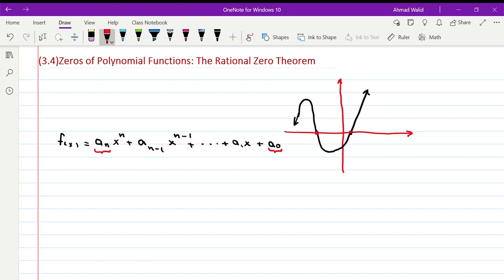The possible zeros of a polynomial function are the ratio p over q. Now, what is p? What is q? I'll explain it to you.